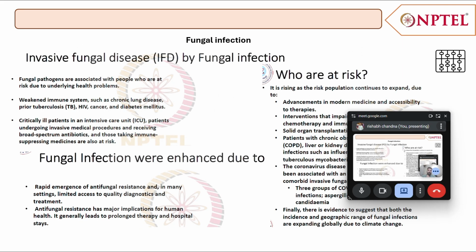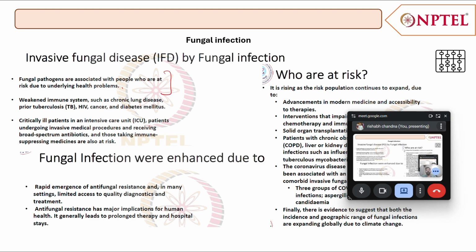Okay, so now moving on to the invasive fungal disease caused by fungal infection. So previously we have seen how the different pathogens cause invasive fungal disease. So the fungal pathogens are associated with people who are at risk due to underlying health problems.